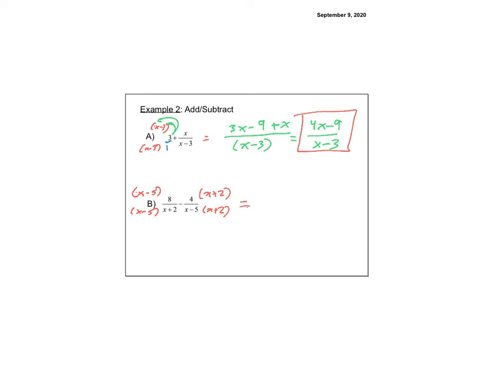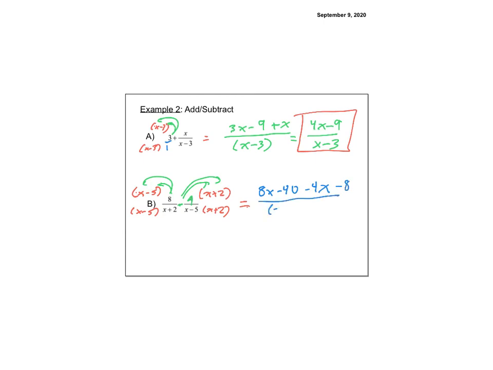Alright, so let's go ahead and distribute the 8 through. And then let's also distribute the minus 4 through. So doing so, we're going to get an 8x minus 40. Minus 4 times x is a minus 4x. Minus 4 times 2 there is a minus 8.